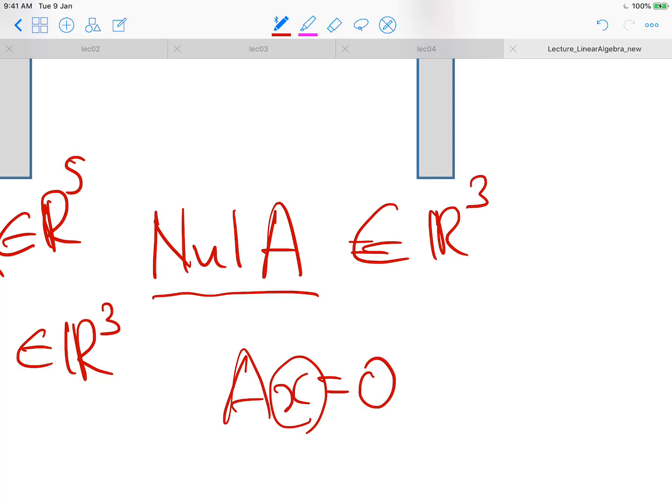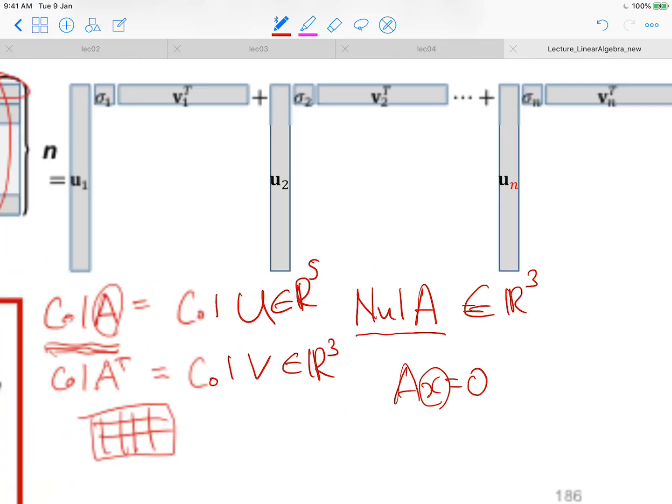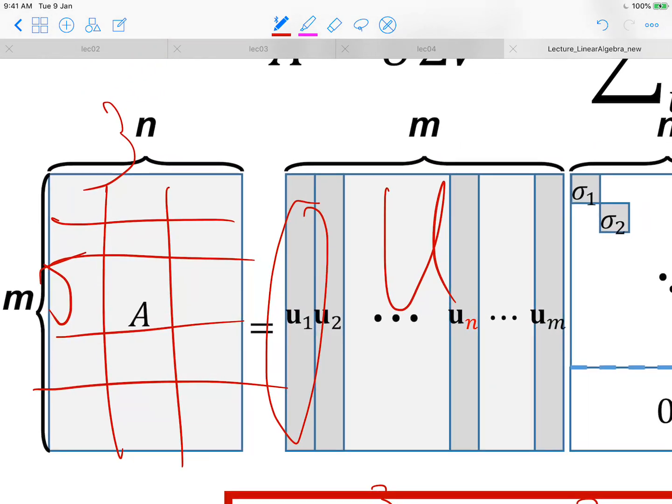What will the dimension be? We are still using a 5 by 3 matrix. The column space is the span of these columns, which live in 5-dimensional space. But what about the null space?